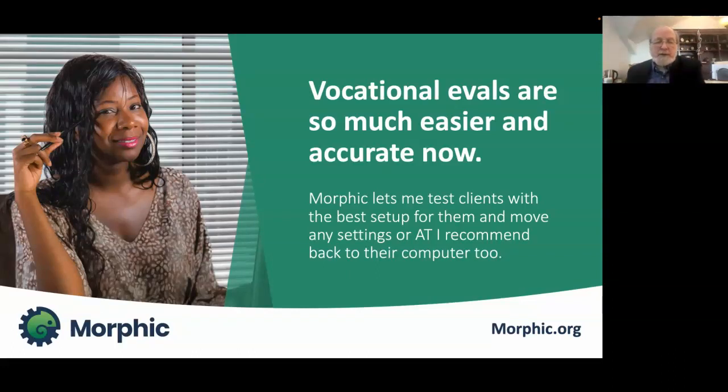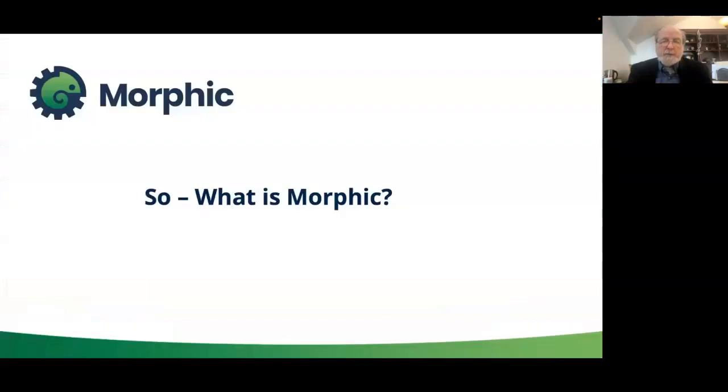And so how are they going to test the user's vocational skills when they either test them without their AT, which is sort of like having you take a test without glasses if you really need glasses, or on their computer, where you can't install all this vocational assessment software? With Morphic, it allows them to instantly apply. And they also said if they see things somebody uses and they set it up during the eval, the person can now take it home and apply it on their home computer.